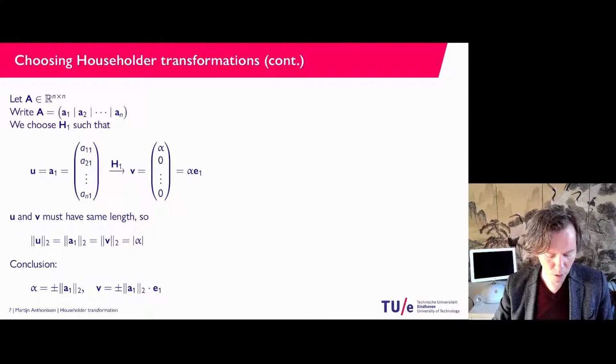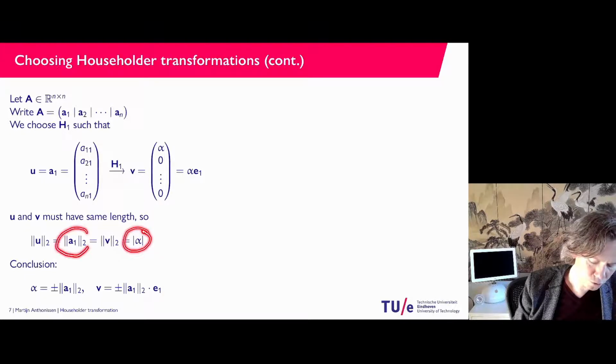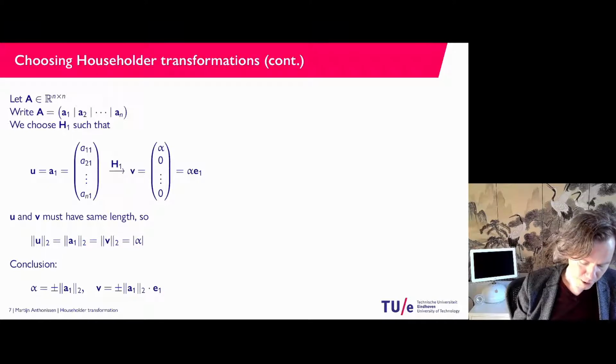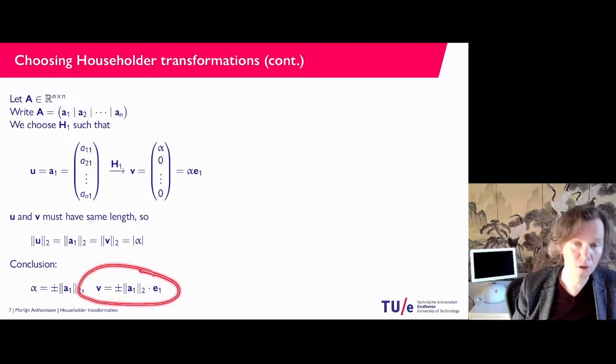Now, u and v must have the same length. So what we find is that the absolute value of this alpha, that's the length of v, should equal the 2 norm of the first column, which means that we can pick alpha to be plus or minus, so not the absolute value, plus or minus the 2 norm of the first column. And then the corresponding v is plus or minus this alpha times E1.